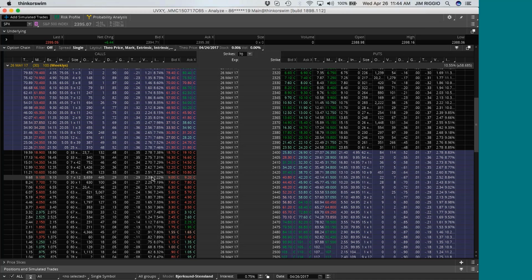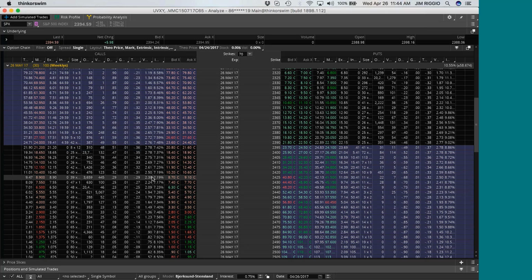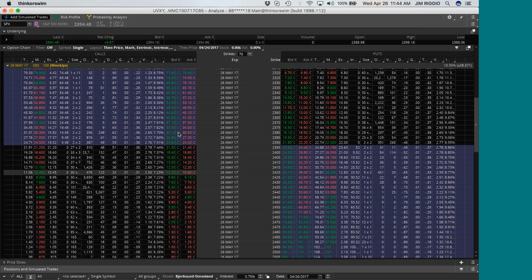It was really 2008 that changed things. And what's changed things much, much more, in my opinion, is that the high-frequency and computer-based algorithms are trading the options now at a much higher mathematical level than they did in the past.